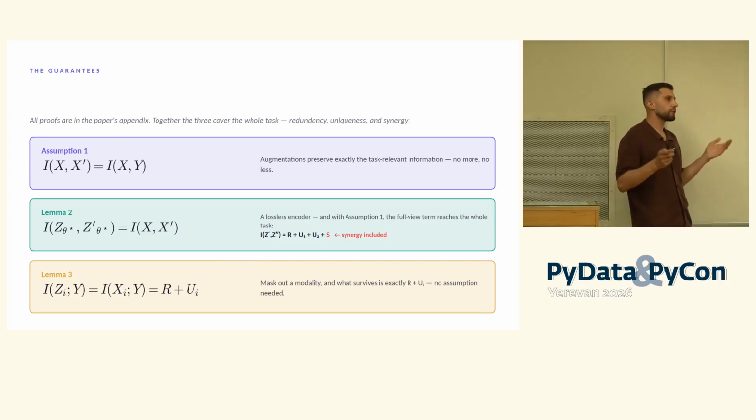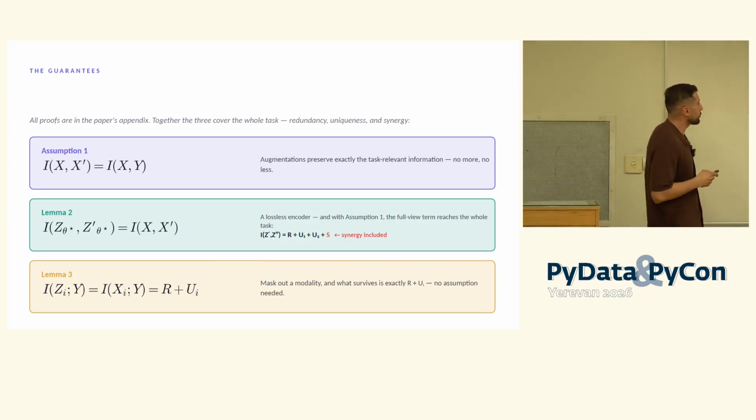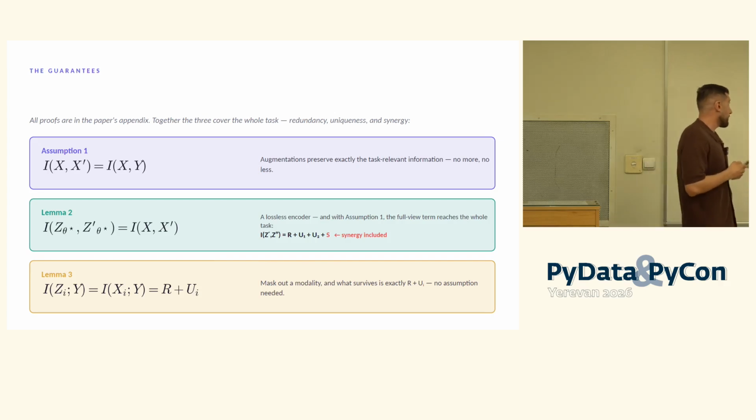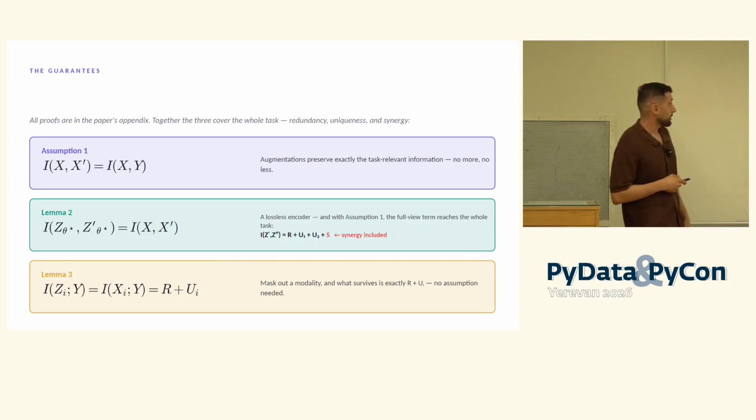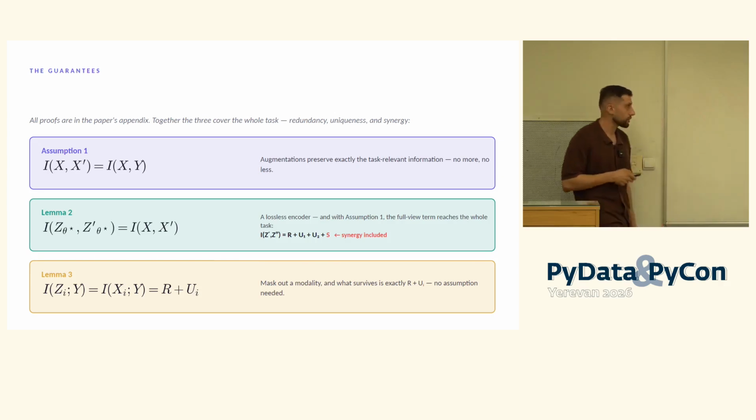So you don't need to have the label. When you have multimodal data, you can approximate that information. Once you have this, you can approximate this Z prime, and you can capture all components that we've discussed alongside the synergy. And explicitly, we can also use one modality where the other one is masked. We can capture shared information and uniqueness.